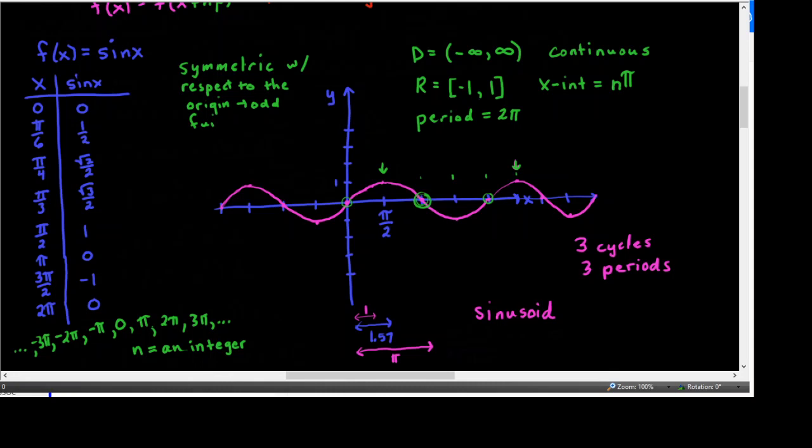All graphs that are symmetric with respect to the origin are odd as a type of function, and that implies that if you put negative x into the function, you get back the opposite of f of x. And so for that reason, we're going to add to your list of identities to know a set of them called the even odd identities, and we're going to add to this list slowly as we graph each of the functions.